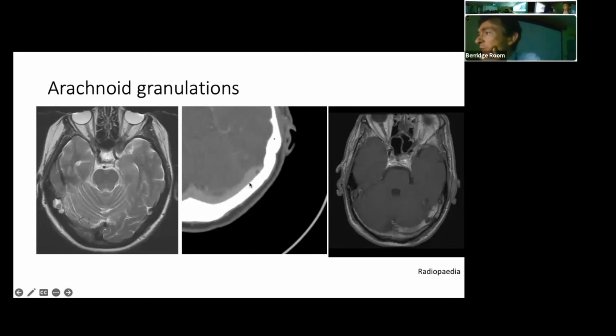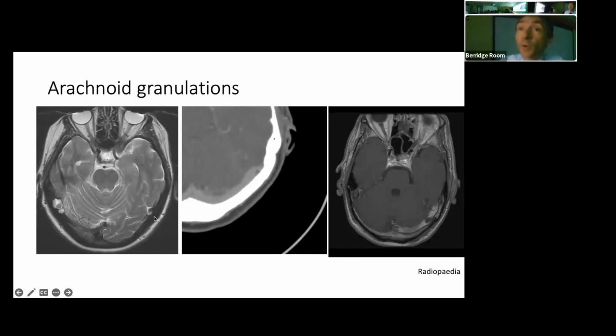When we look at that on imaging, on T2 weighted imaging, they're often quite high signal structures. You can see on the right here, following the course of the transverse sinus, these high signal structures. So it's not too confusing on there, I suppose.